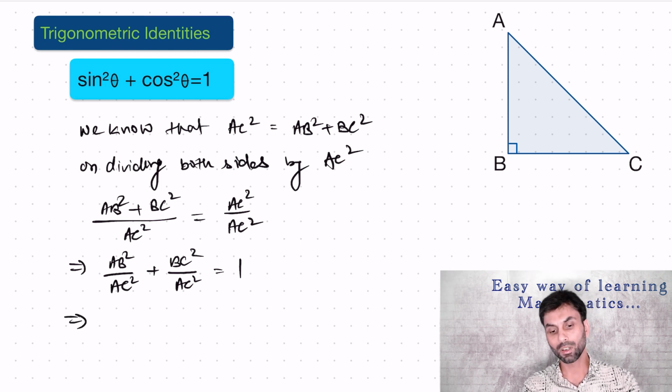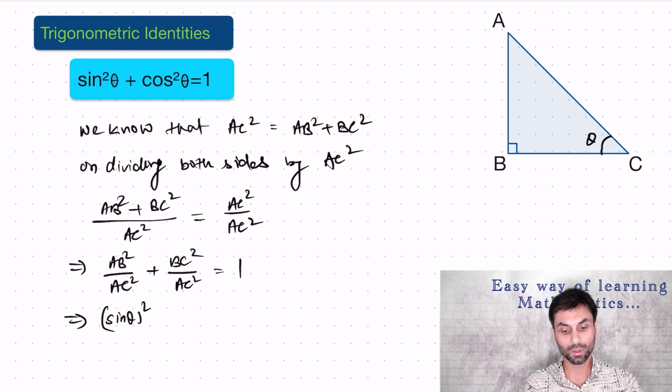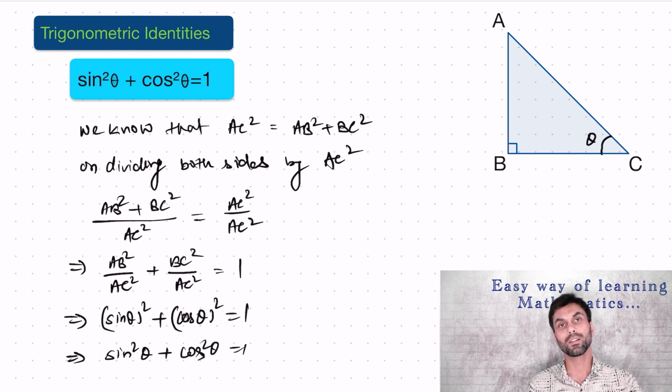Now, if we talk with respect to an angle, suppose angle C is theta, then AB upon AC is sin theta, which is opposite upon hypotenuse, so we can write it as sin theta whole square, and BC upon AC will be cos theta, so we can write it as cos theta whole square, that is 1, and so we get sin square theta plus cos square theta equals 1.